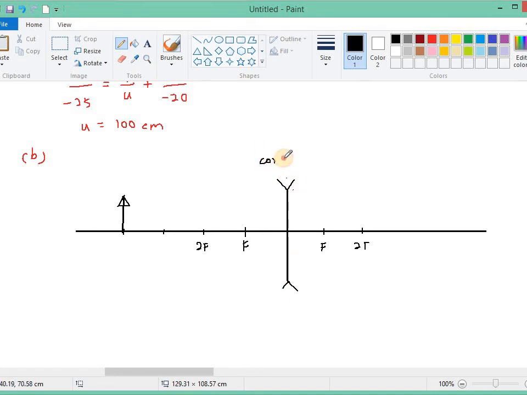Okay, concave lens. So the first one comes in parallel.